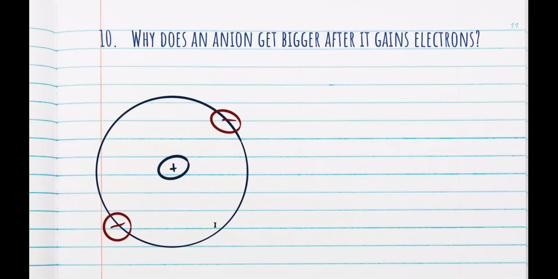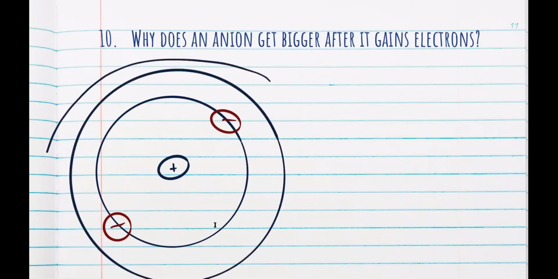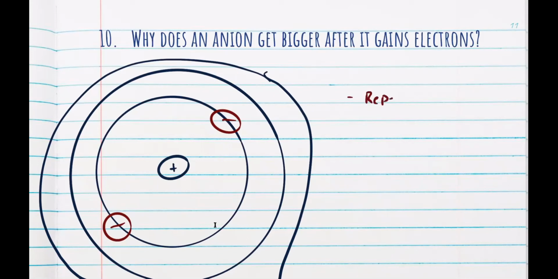So as I add more and more electrons, I have to add more and more shells because they're all going to want to be as far away as possible. So as a result, as we add more electrons, they repel each other.